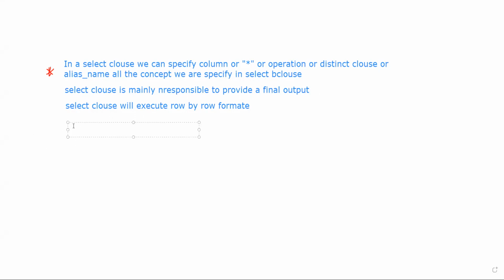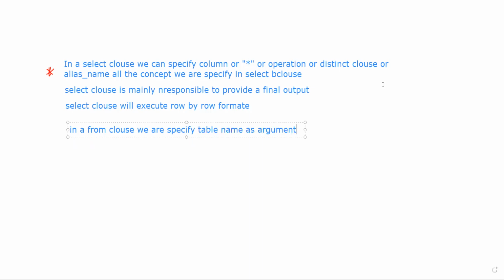Then the characteristics of from clause. So what is from clause? In a from clause, we are specifying table name as an argument. In a from clause, from which table?